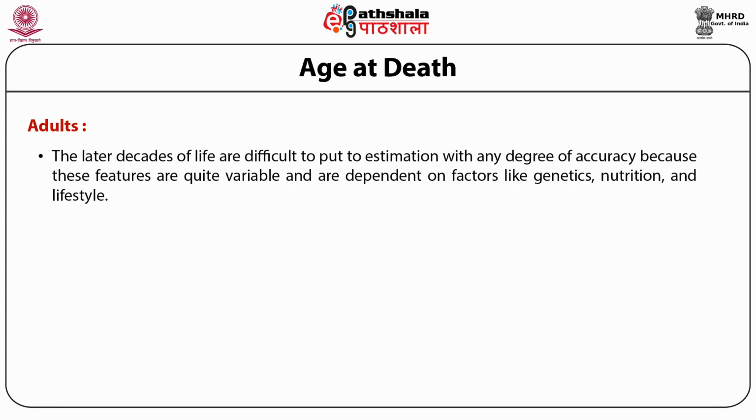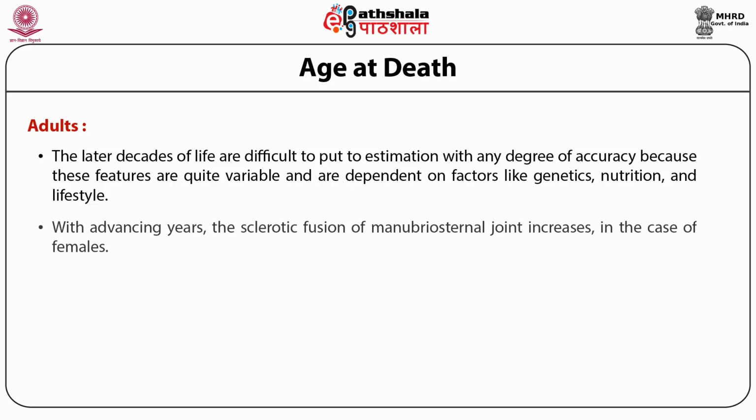The later decades of life are difficult to estimate with any degree of accuracy because these features are quite variable and are dependent on factors like genetics, nutrition, and lifestyle. With advancing years, the sclerotic fusion of the manubriosternal joint increases in the case of females.